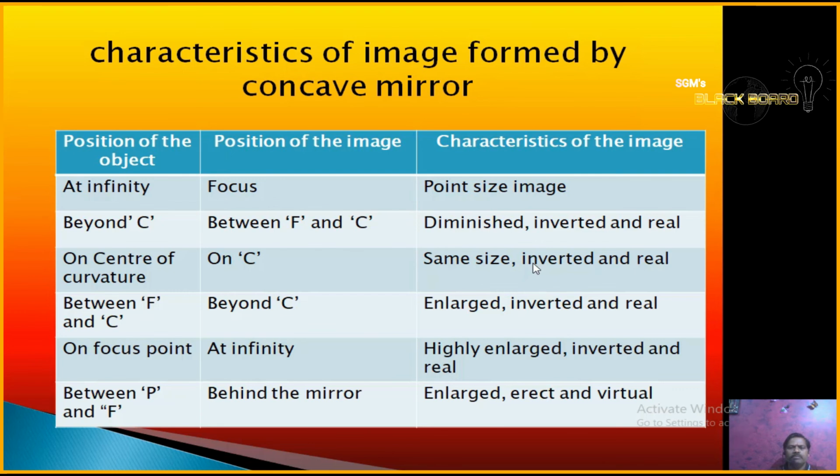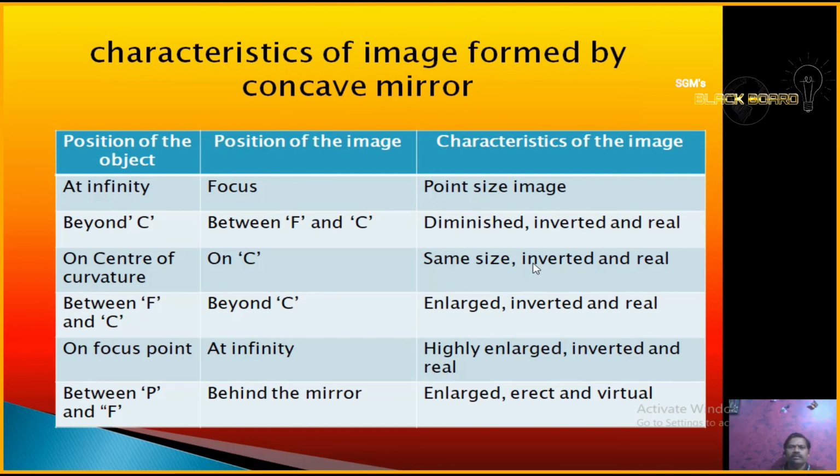When the object is between pole and focus, we get the image behind the mirror, and it is enlarged, erect and virtual. So in this way, keeping the object at different positions, we get the image at different places and the characteristics of the image also change. It depends upon the position of the object.